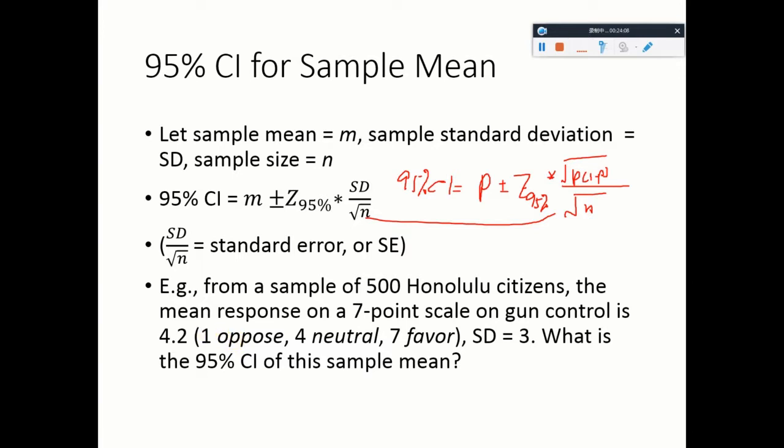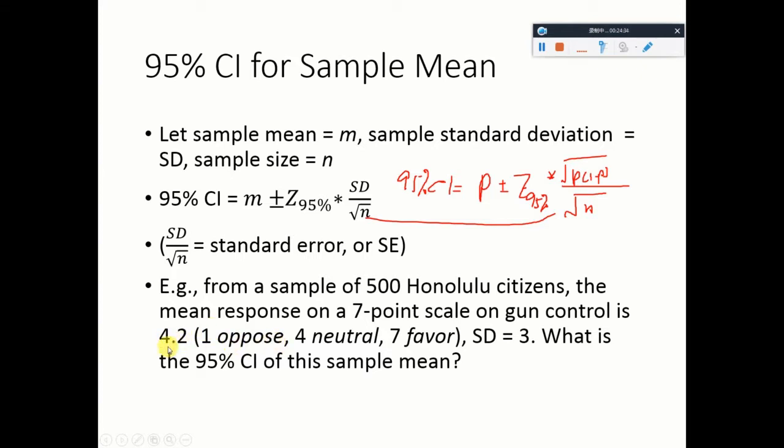For example, we can perform a point estimate using the sample mean. Because the mean response of this sample of 500 is 4.2, we can guess that the average population attitude toward gun control should be around 4.2.